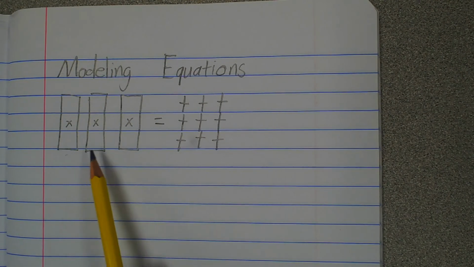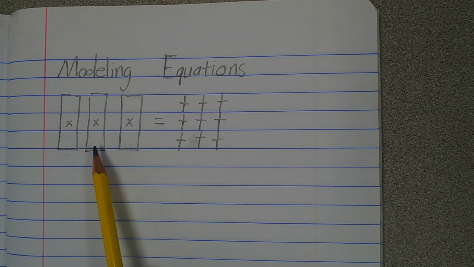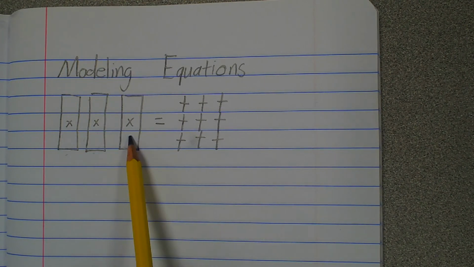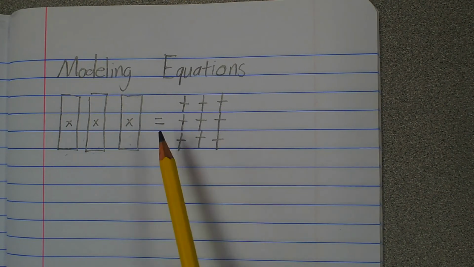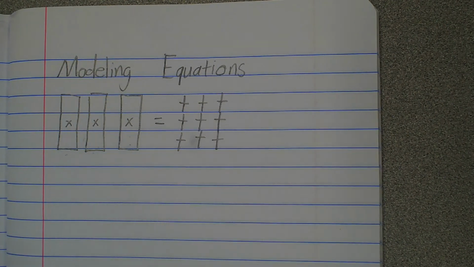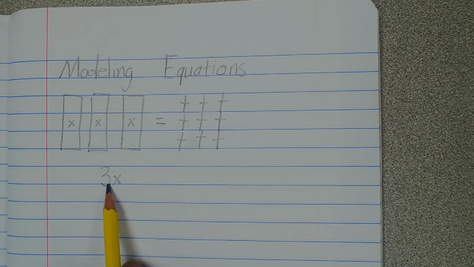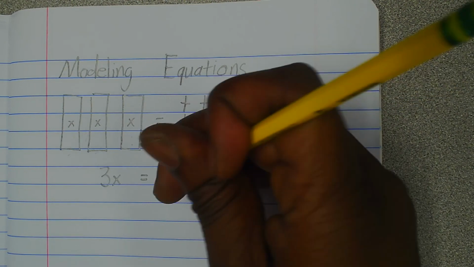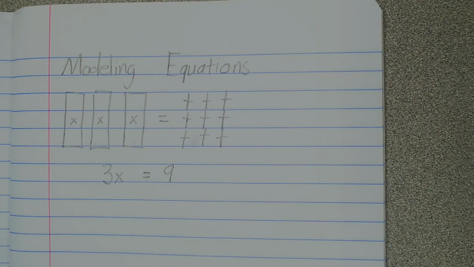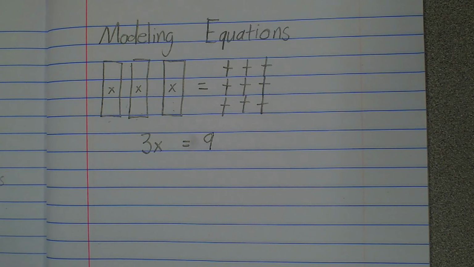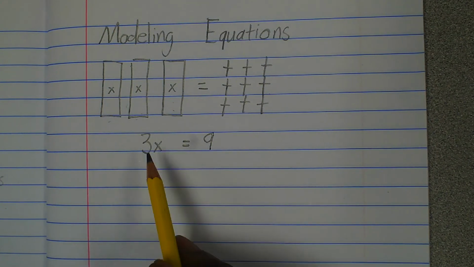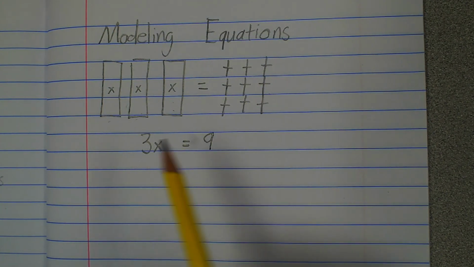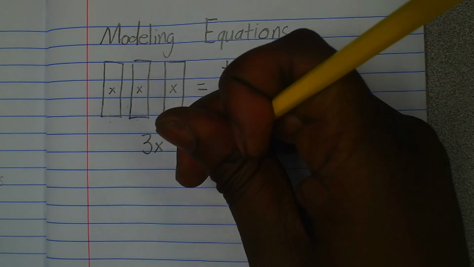So now, of course, here we have 3 x's, and on the right side we have 9 positives. So this equation would be 3x, the number of x's, 3x equals 9. Okay. So now, if we were looking to solve for x, of course, we would split the equation again.